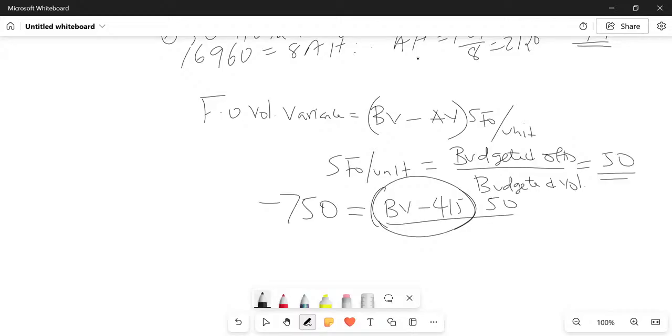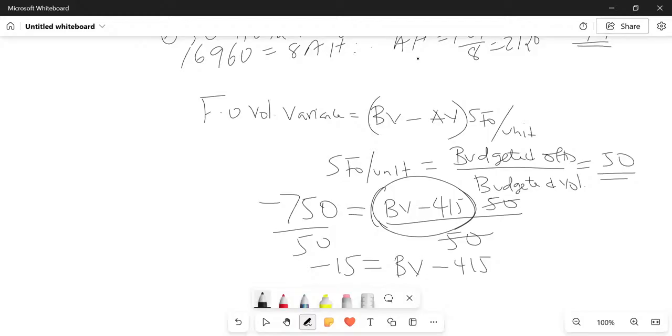Divide both sides by 50 first, so this and this will cancel out. Minus 750 divided by 50 will end up giving me what here? 15. This gives me minus 15, so budgeted volume minus 415, like that. So then budgeted volume will be equal to what?